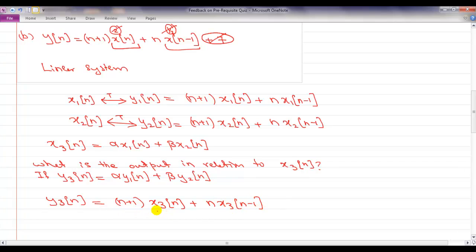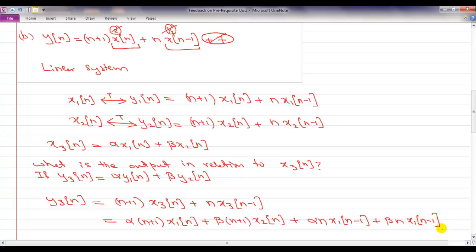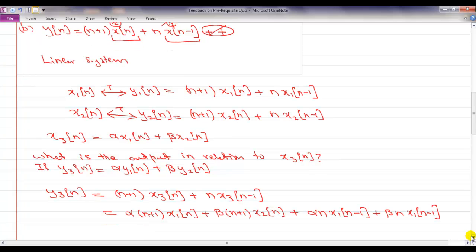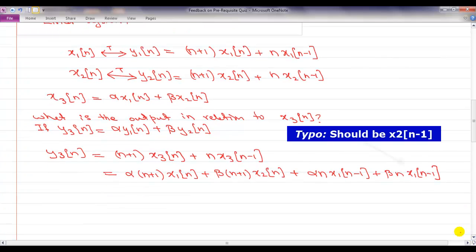And now I input the value of x3[n], so I get alpha (n+1) x1[n] plus beta (n+1) x2[n] plus alpha n x1[n-1] plus beta n x2[n-1].